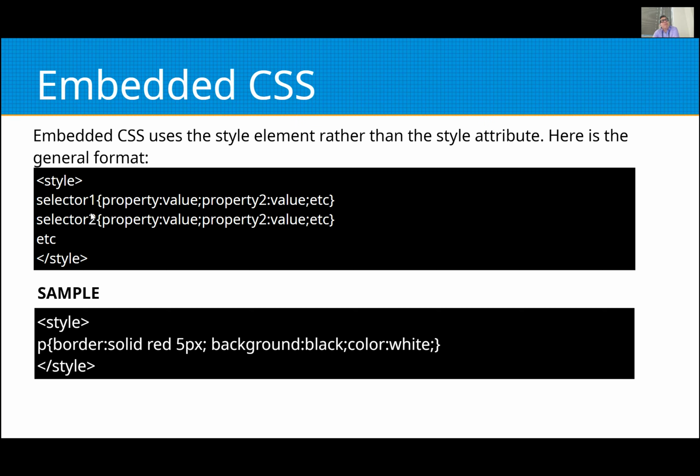The format is a bit different in terms of choosing what's going to change. The selector is what you want to change with the CSS. Once again, the selector is the element that you want to modify with the CSS you specify in the curly braces. So you're not using double quotes, you're using the curly braces.